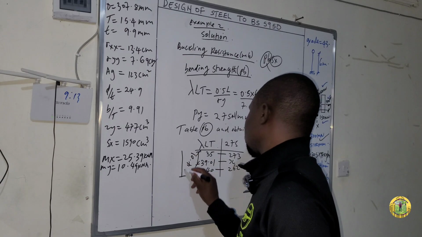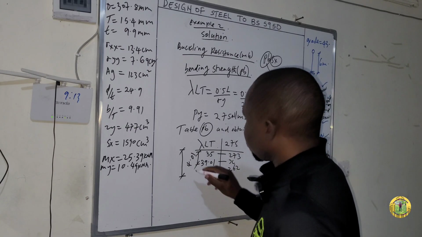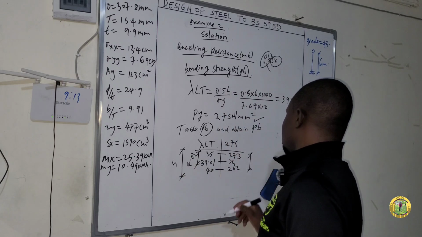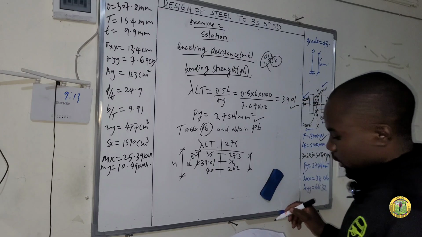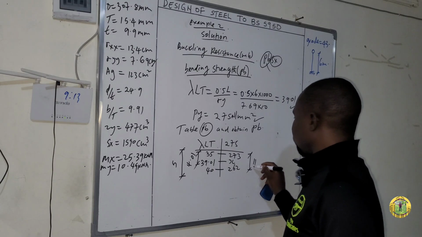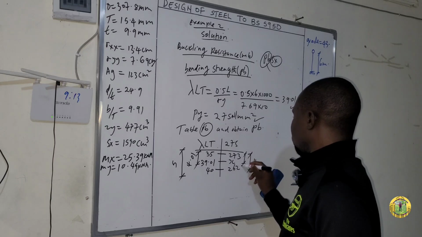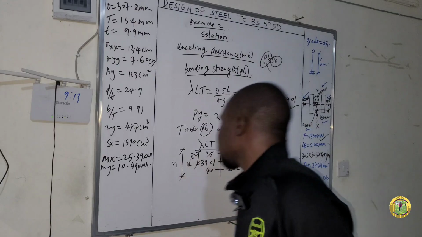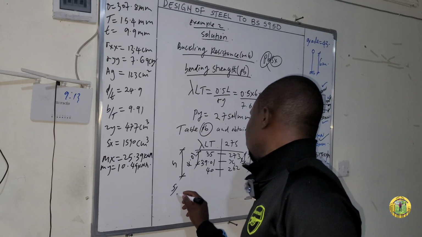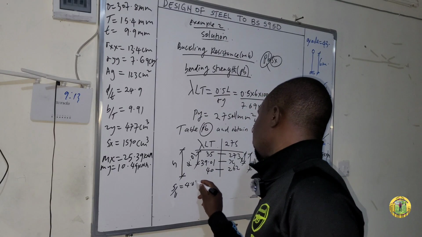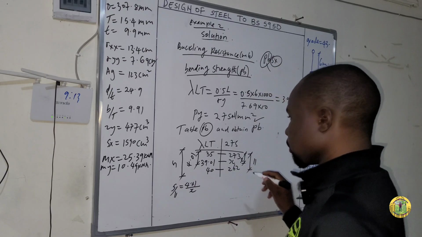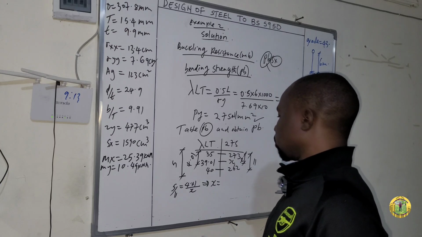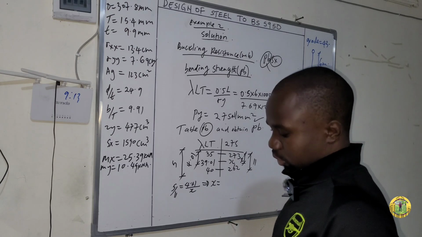And then also this is 5. This one, 262 minus 273, this is 11. And this is x. So just to do the comparison, to obtain the value of x, 5 over 11 is equal to 4.01 all over x, which implies x is equal to cross multiply 11 times 4.01, then divided by 5.